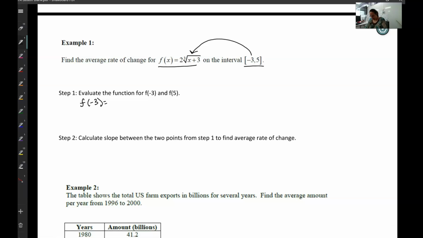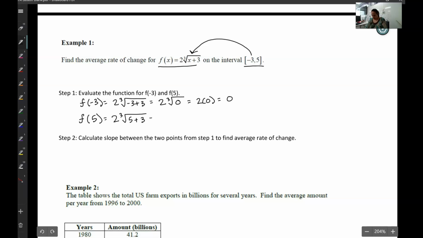So I have f of negative 3, so 2 cube root negative 3 plus 3, which would be the cube root of 0, which is 0, times that by 2, is still 0. And plug the other end of the interval in. So 2 cube root of 5 plus 3, which would be 2 cube root of 8.